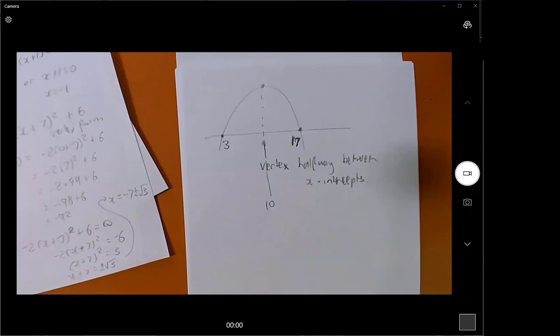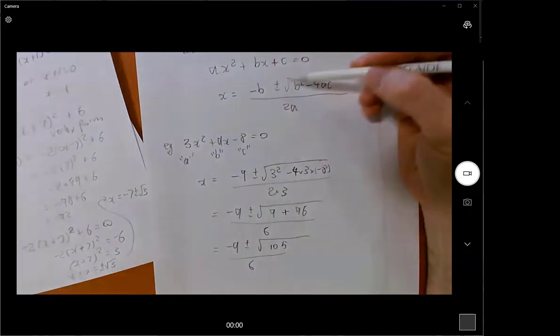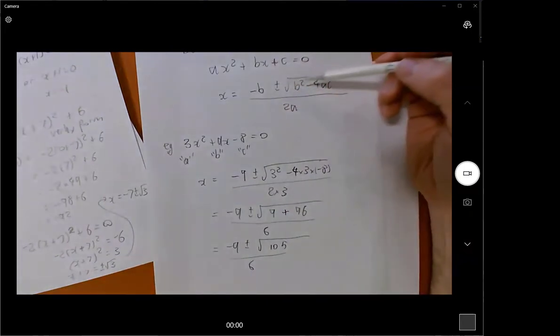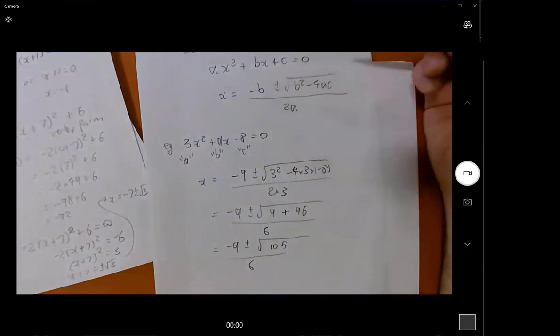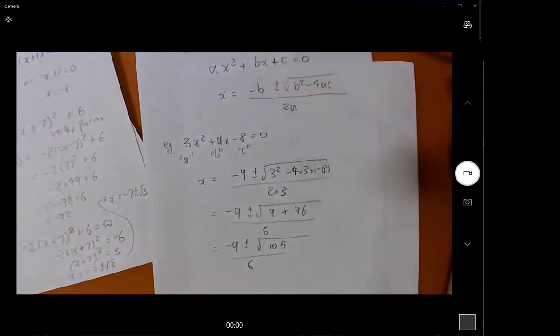It's also useful to know that when you do the quadratic formula, you have this -b plus or minus. So halfway between, because it's -b plus a bit and -b minus a bit, halfway between will be at the minus b.